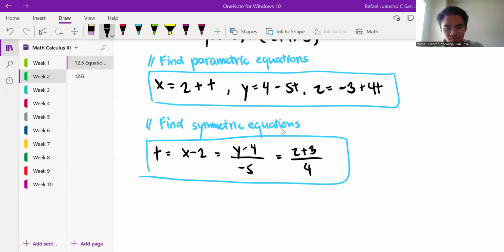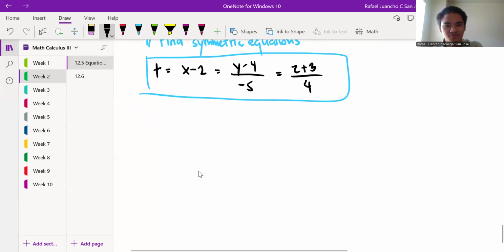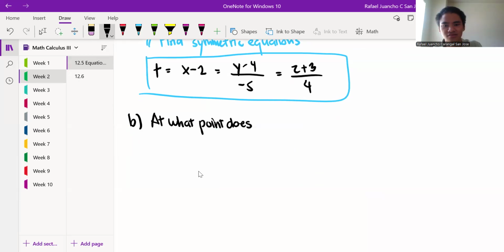Okay, now an interesting question that we have here. At what point does this line intersect the xy plane? How do we know if it intersects the xy plane?